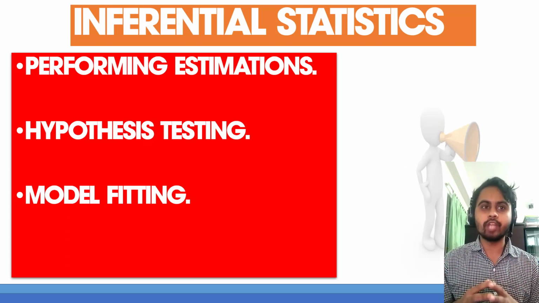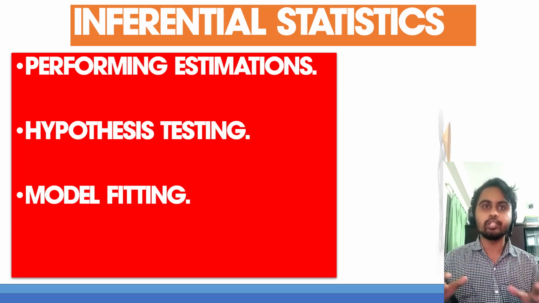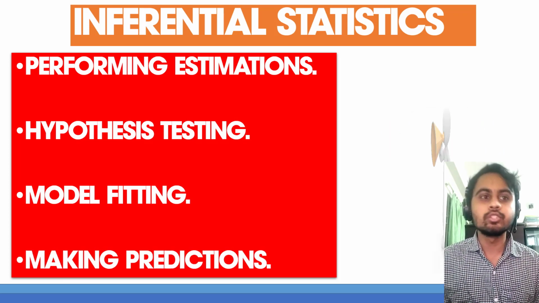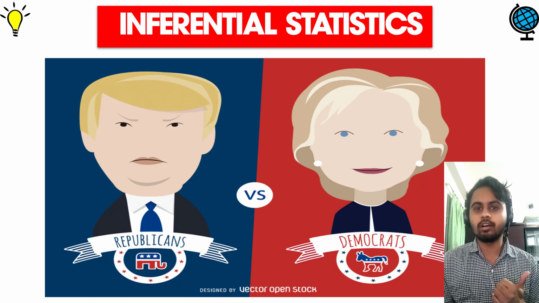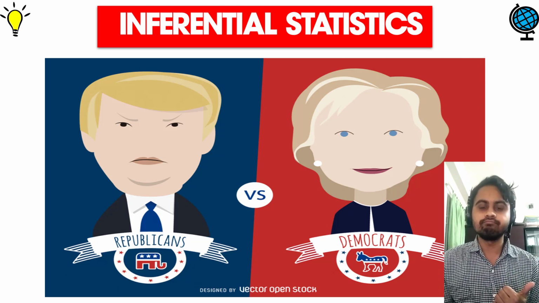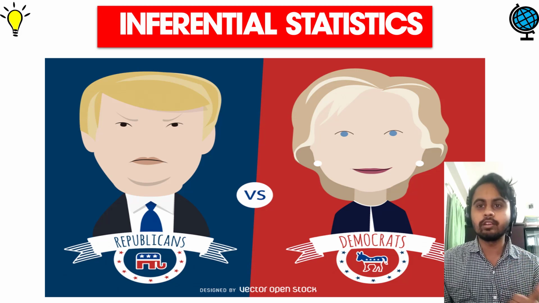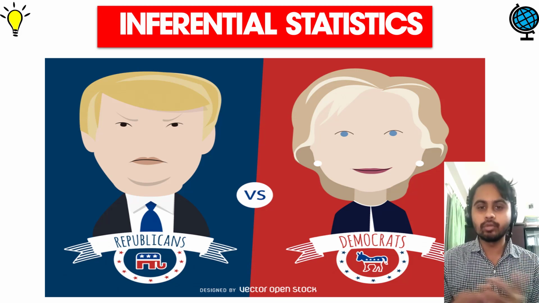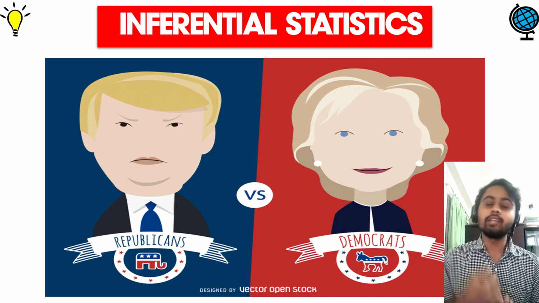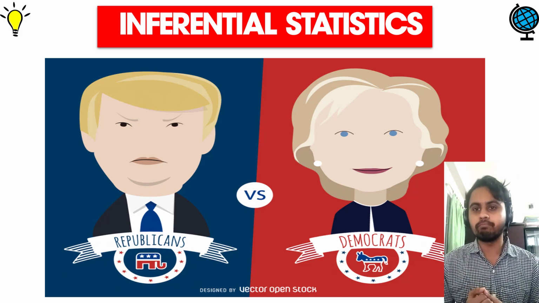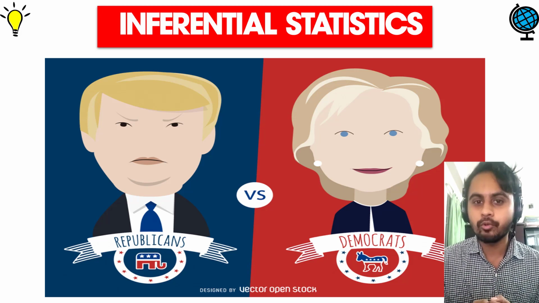If you still don't understand, let me provide you an example to differentiate these two statistics. Let's say at the last election of the USA, there were Hillary Clinton and Donald Trump. We all knew that Donald Trump won the last election. There will be one more election coming soon, between the Republican Party and the Democratic Party.